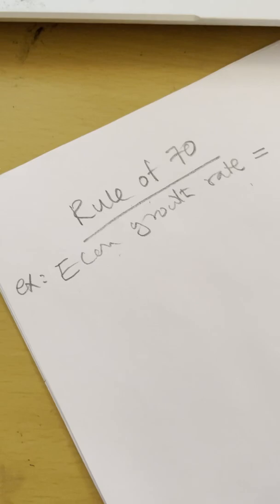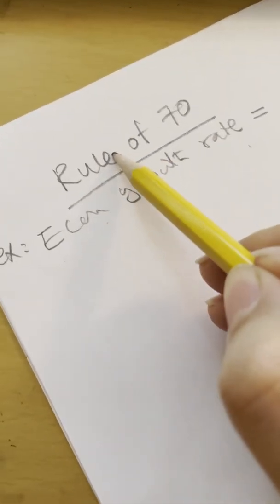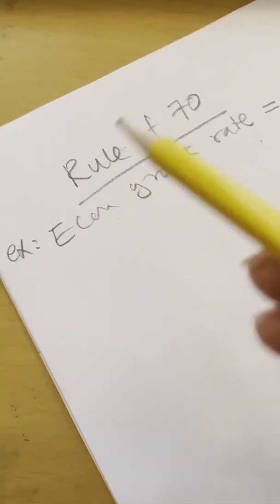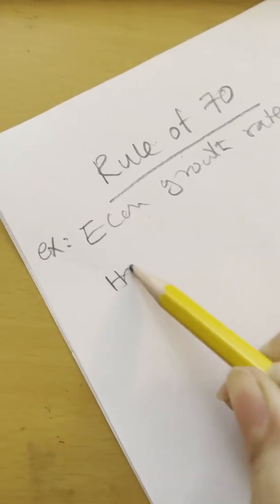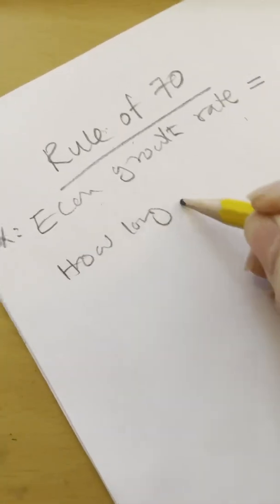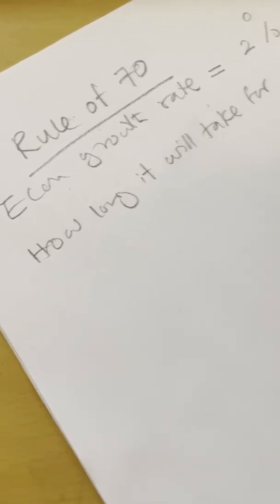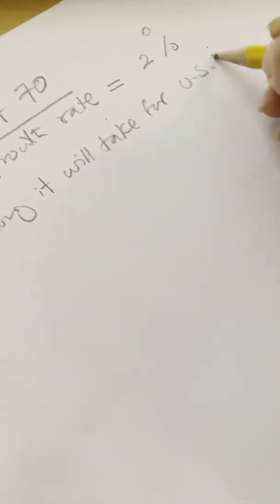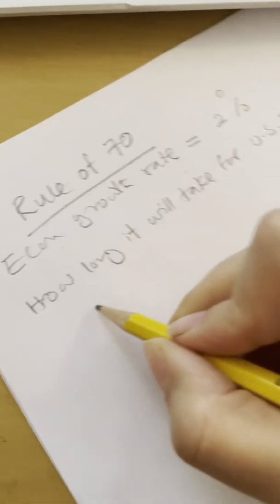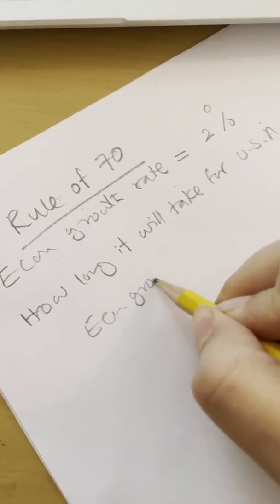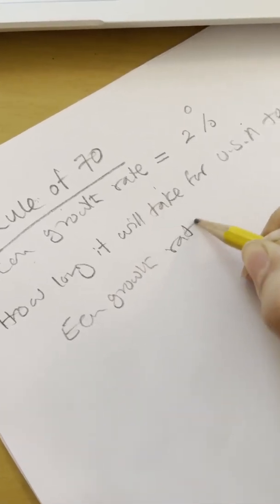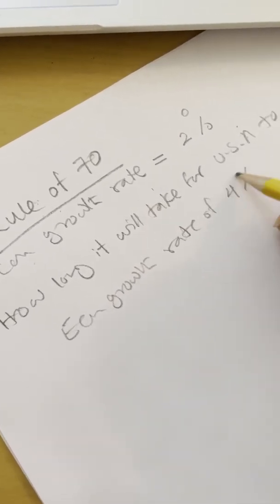All right, so this rule of 70 tells us basically how long it will take for USA to achieve an economic growth rate of 4%.